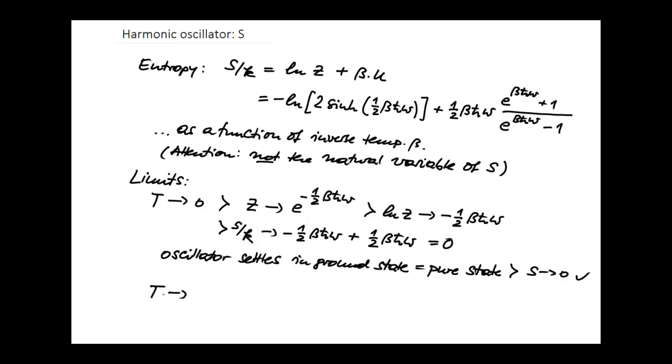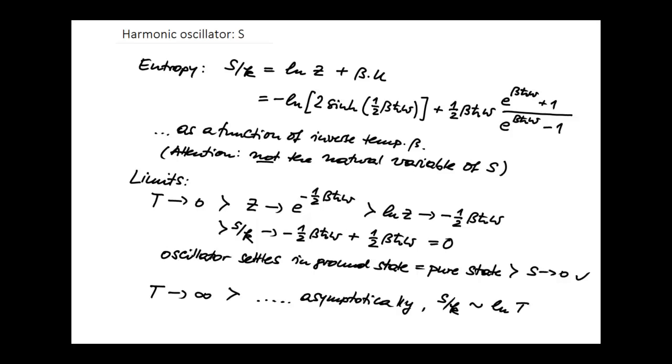Finally, without going into details, maybe this will become an exercise on the next problem set. As the temperature becomes very large, the temperature goes to infinity, so we look at the asymptotic behavior for very large temperatures. You can convince yourself that asymptotically the entropy grows as the log of temperature.